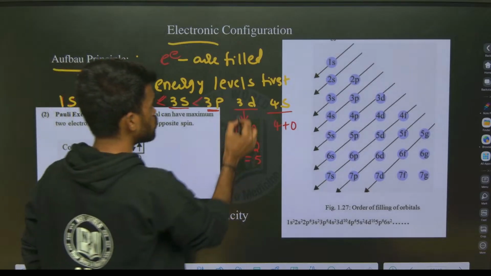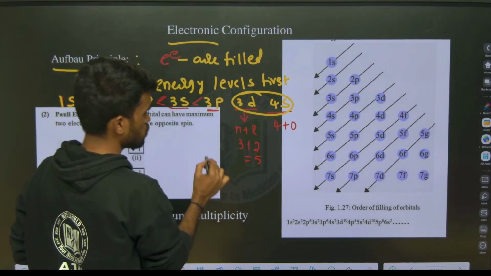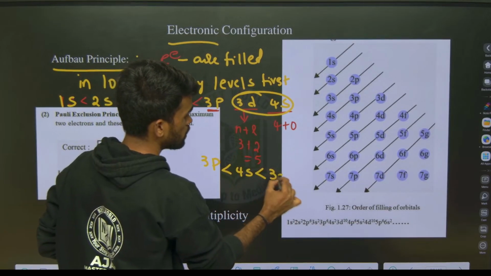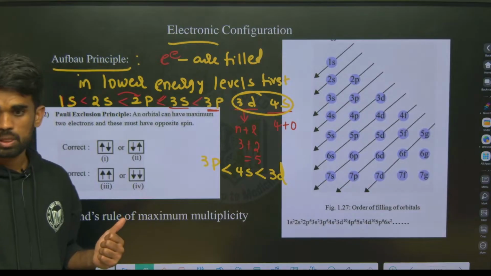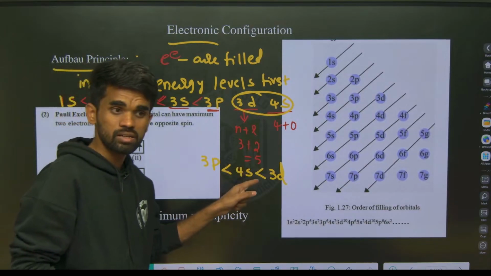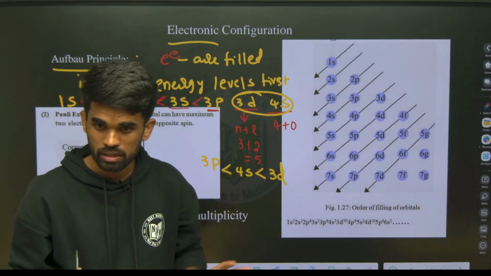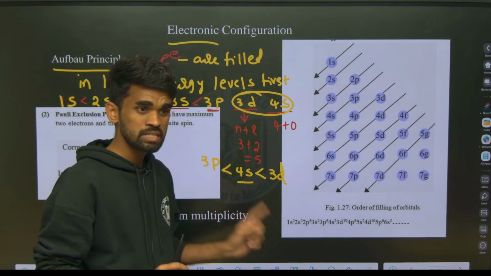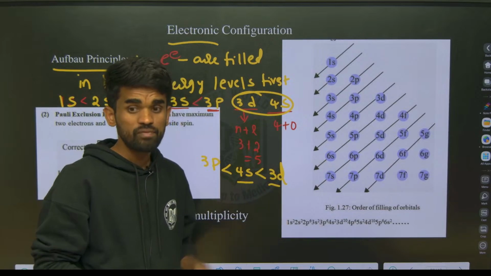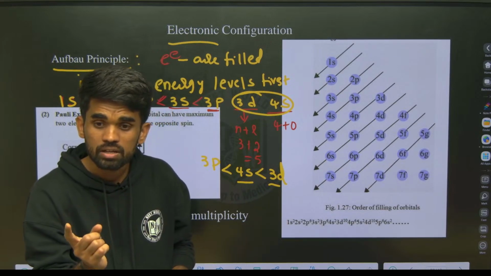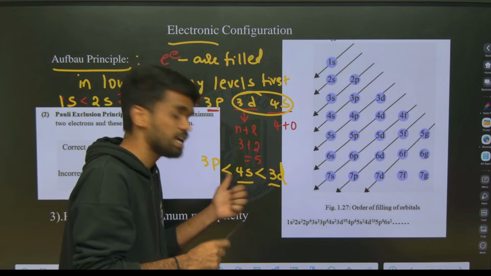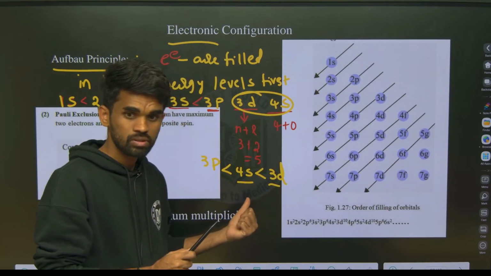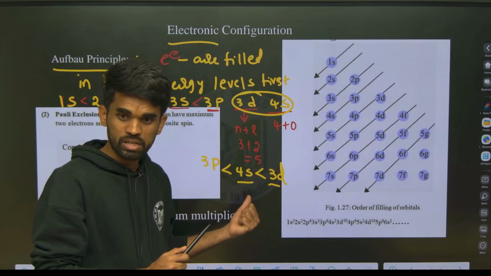So you should rearrange: after 3p you fill 4s, and only after that 3d. Remember, removing is normal: if I want to remove an electron, we remove from the highest n value, so 4s is removed first.